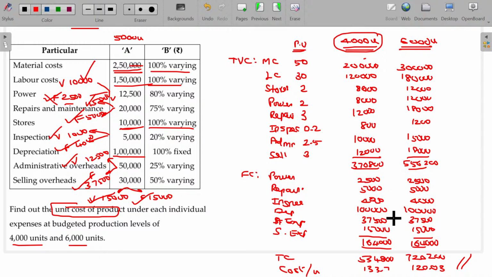For 4,000 units, total cost is this much. So you divide the total cost by number of units produced to get the cost per unit. 5,34,800 divided by 4,000. 7,20,200 divided by 6,000.